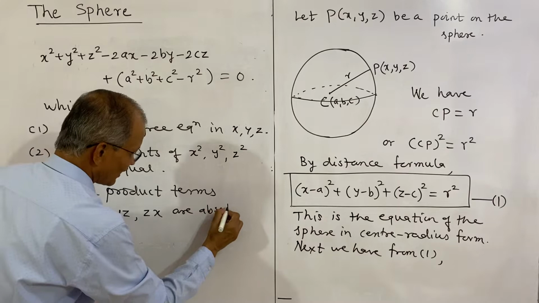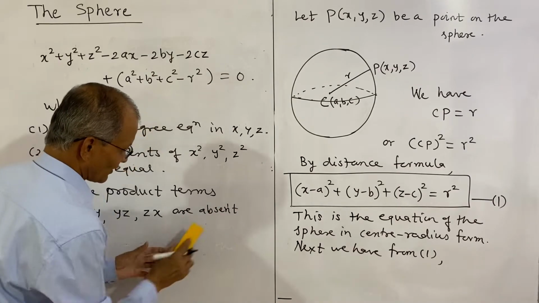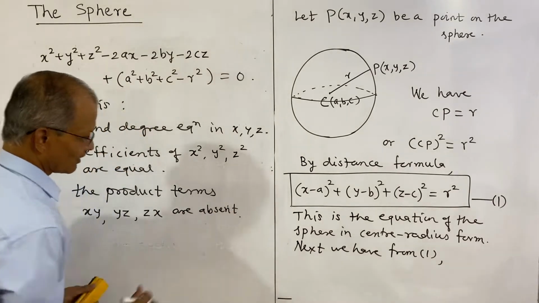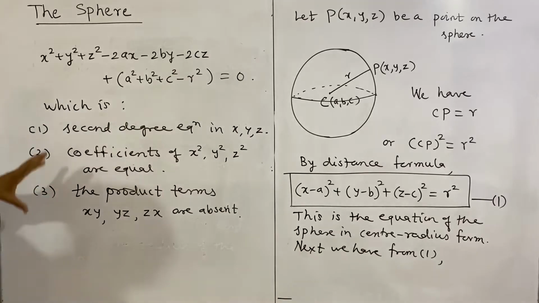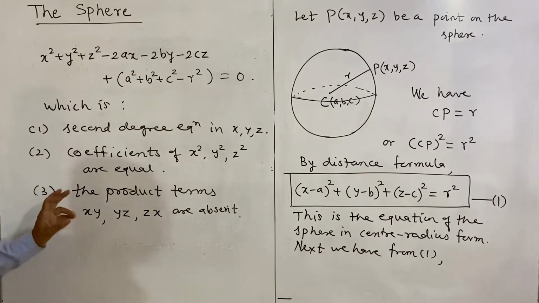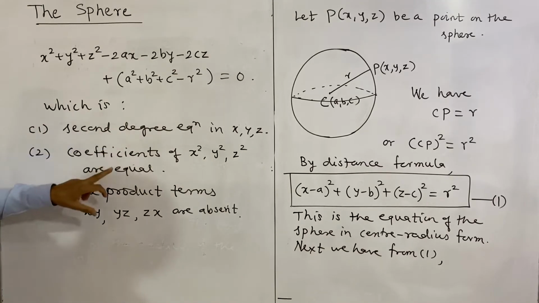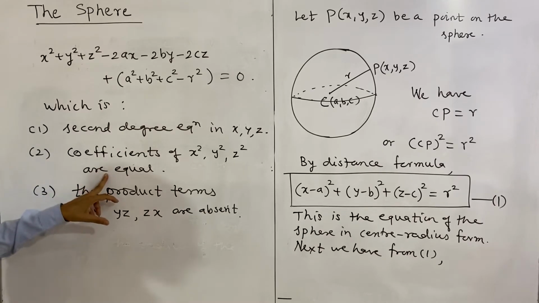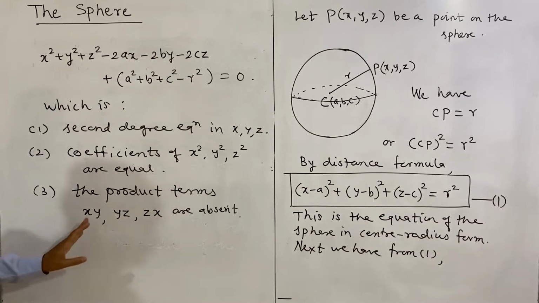So these are the characteristics of the equation of a sphere. So, an equation of this type will represent a sphere: second degree equation in x, y, z, coefficients of x square, y square, z square must be equal and product terms are absent. Then that equation will represent the equation of a sphere.